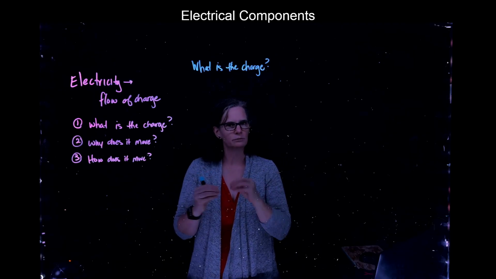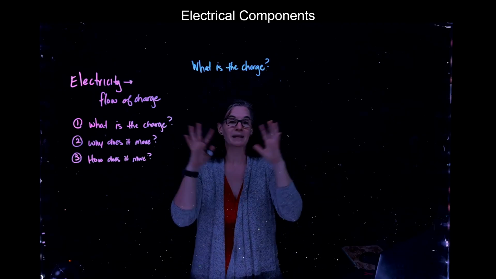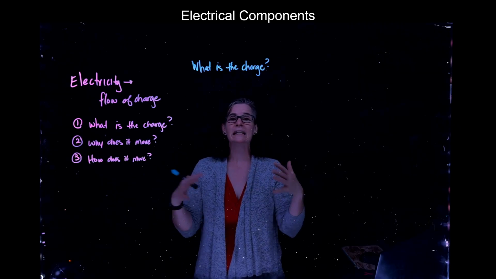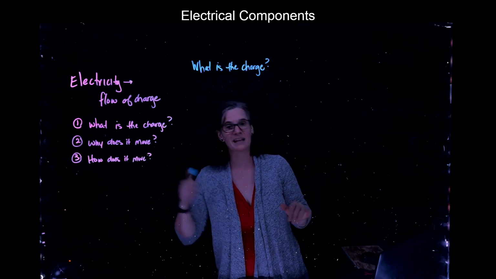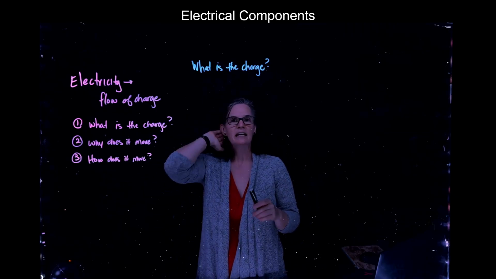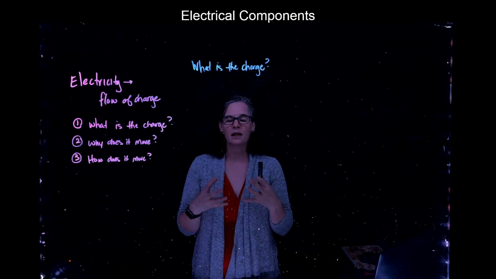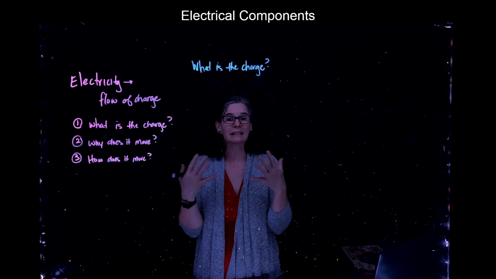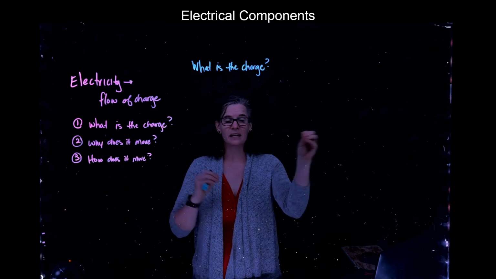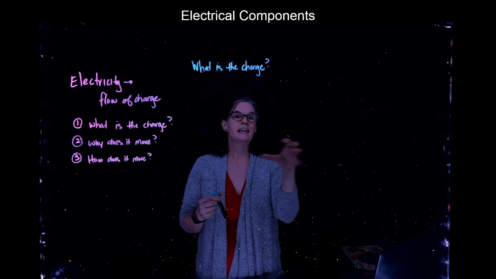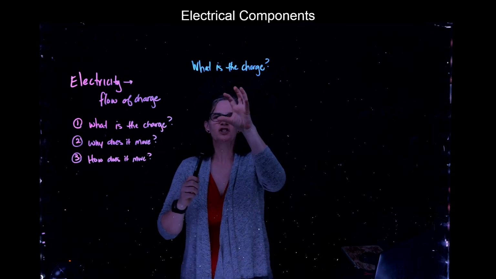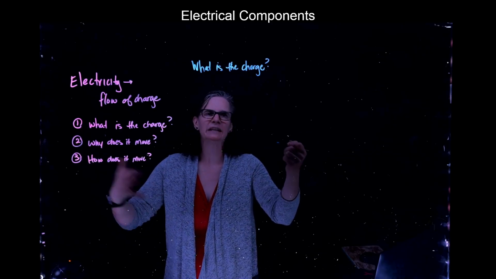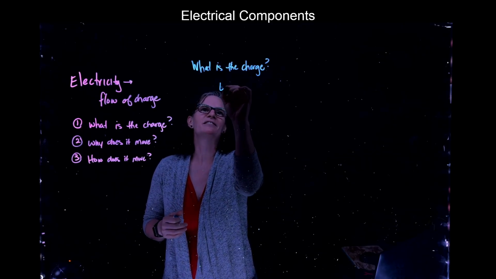Protons are really hard to move from one molecule to another, but electrons can move freely. In a lot of cases, they can be stripped off. Remember back in that discussion of static electricity, they can be sheared off of a molecule. And if allowed, they can be shared. They can move within a conductor. So the charge that is actually moving in the flow of electricity is in fact the electrons.